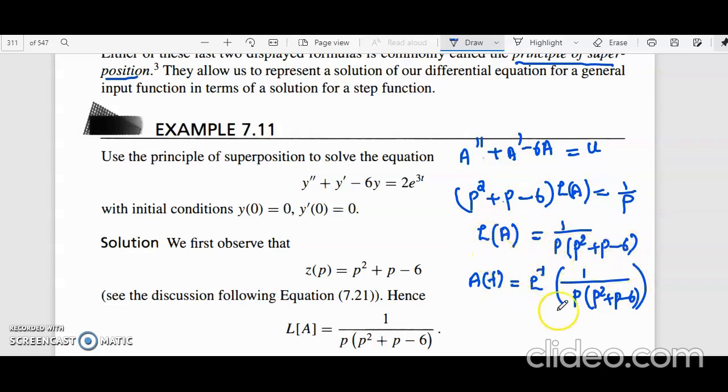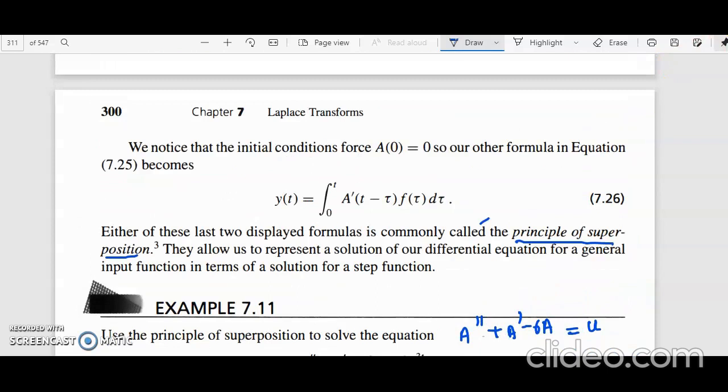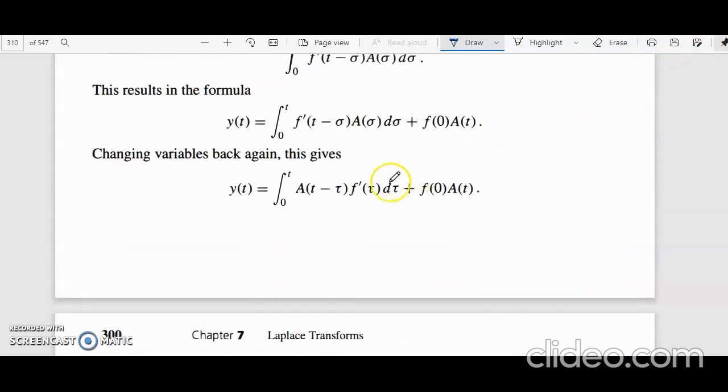So when you take the inverse Laplace transform of this, you will obtain a of t. Now once you obtain a of t, we can use the formula for y and find out the value of y. So that is the technique of solving the problem using the principle of superposition.